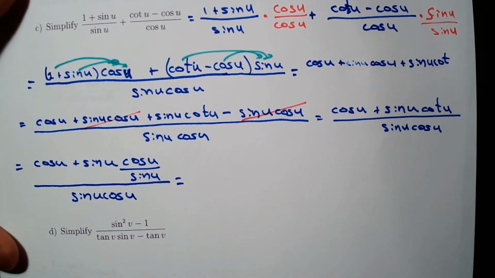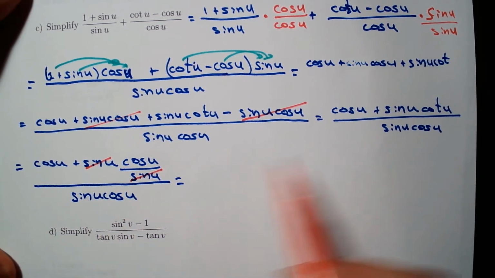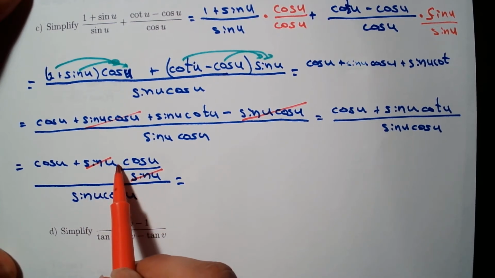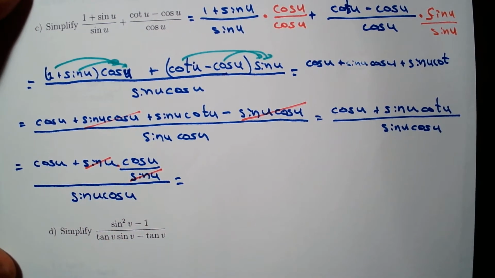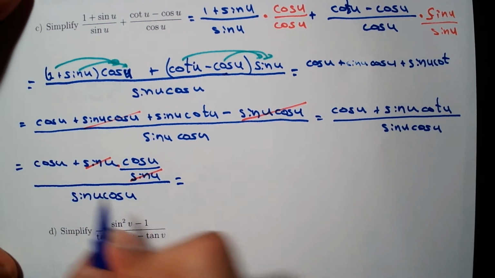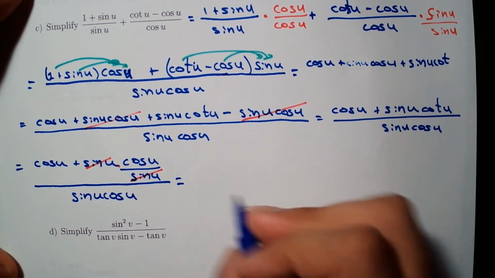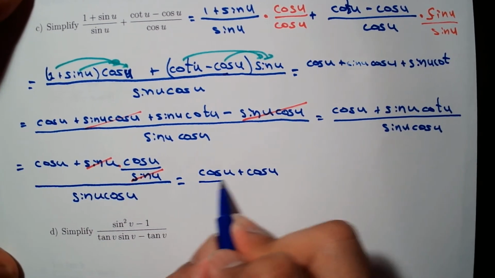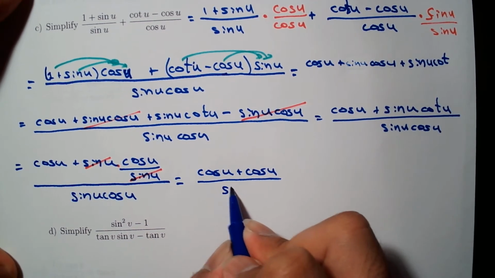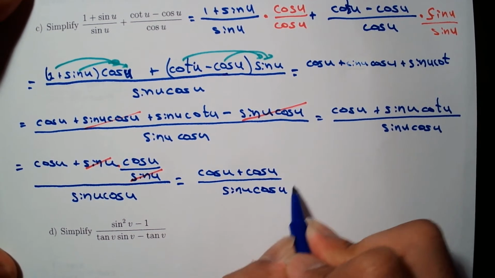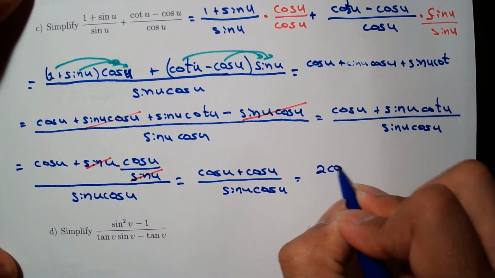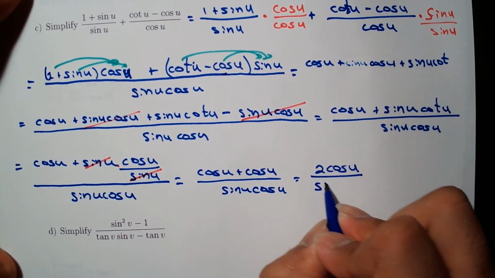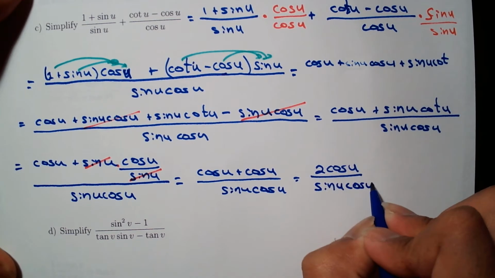Okay, so something nice is going to happen. Look what's going to happen here. Number one, sine over sine, that's going to go away. In this case, we can do it as opposed to over here, because here they're multiplying, dividing. Well, they belong to the same order of operation. And then we're going to be left with cosine plus cosine, which is two cosine over sine u cosine u.